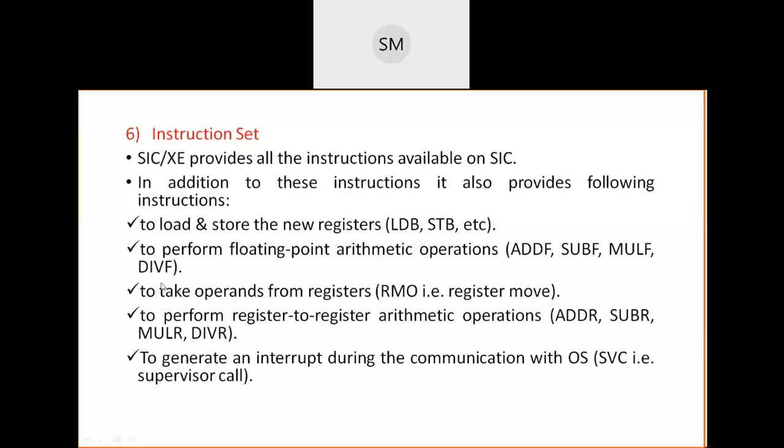The next type of instructions are for when you want to move data from one register to another register. For that purpose, I have one more instruction, that is RMO, pronounced as register move instruction. Register move instructions are used to take the operands from a register.